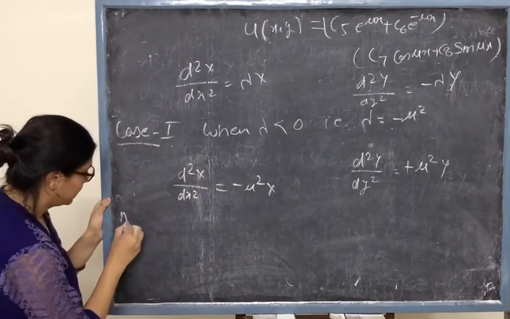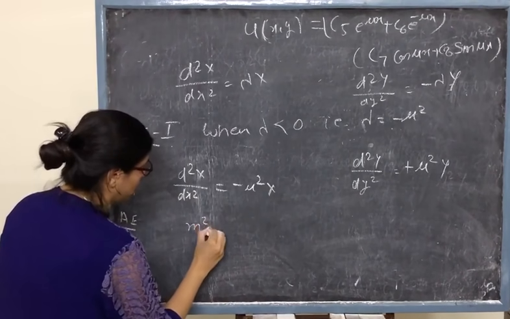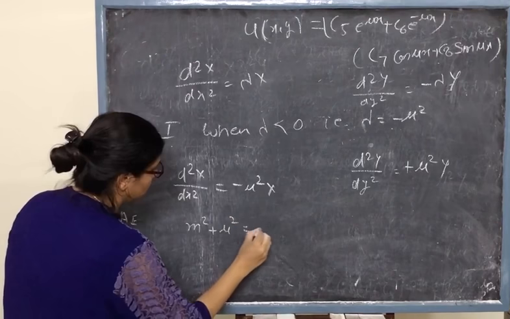Now what is our auxiliary equation here? It should be m² + μ² = 0.